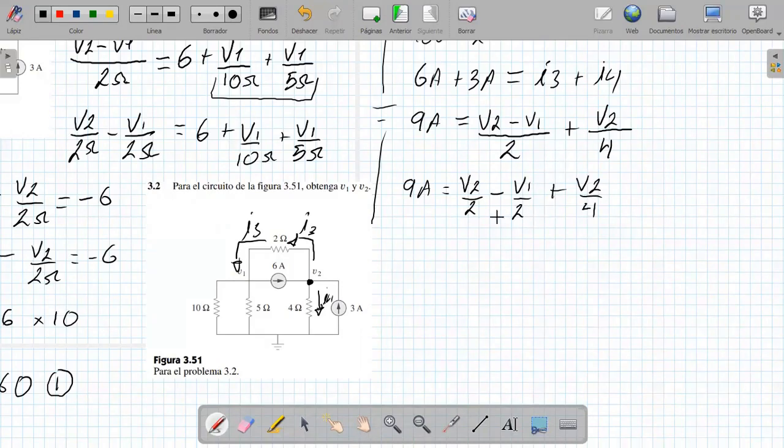Ready? I have minus V1. Perfect. Now I'm going to operate. I'm going to arrange the equations. I'm going to have minus V1 over 2, plus V2 over 2 plus V2 over 4 equals 9. If I add this, it will give me 3/4.